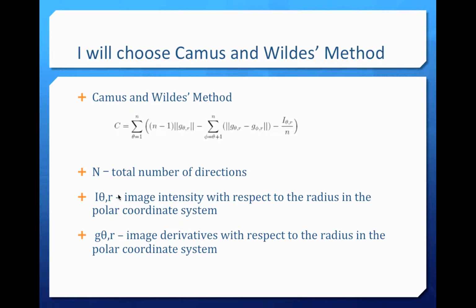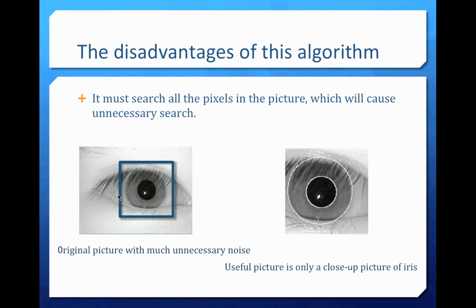Pay attention, all these are in the polar coordinate system. So using this, it is not very hard to locate the area. The program is not very hard, and there are many documents I can look up on the website.